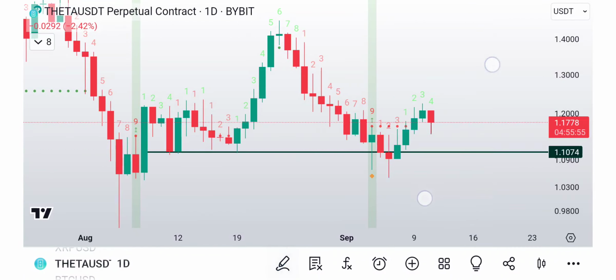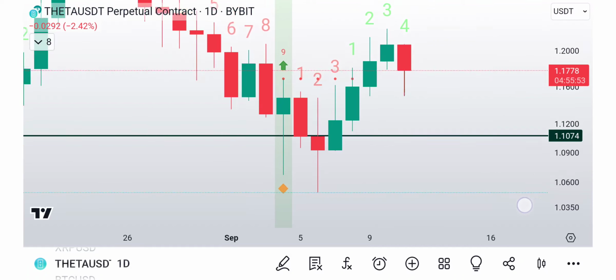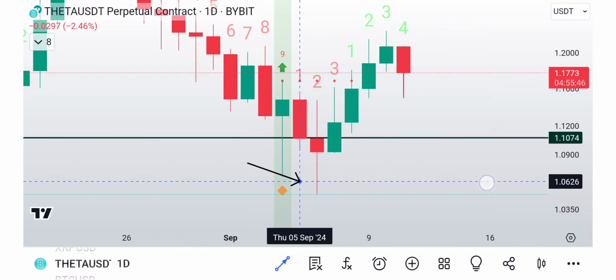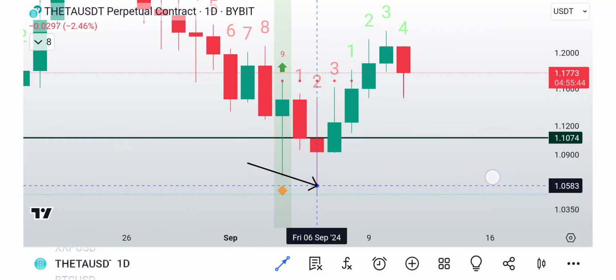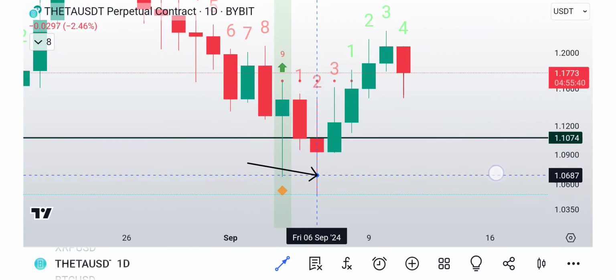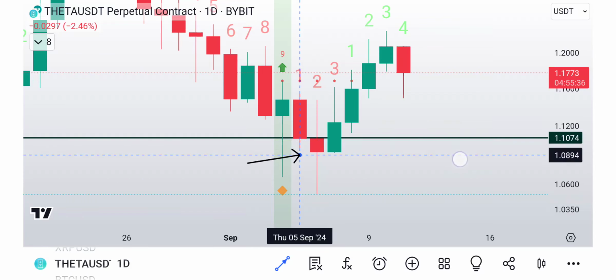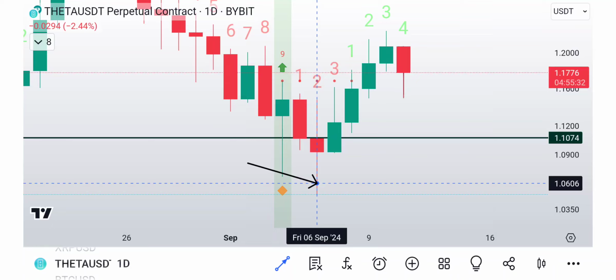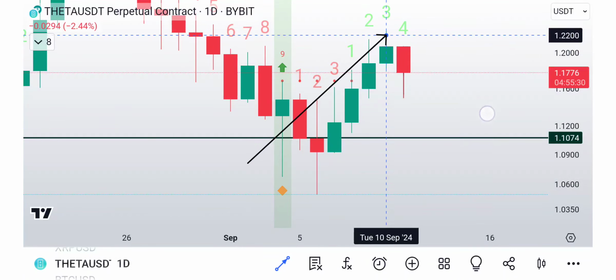No, just because a candle is red doesn't mean it's not bullish or not an uptrend. Here's the bottom of this, and here's the top of the new candle. It's a red candle because it closed lower, but it's still part of this uptrend.